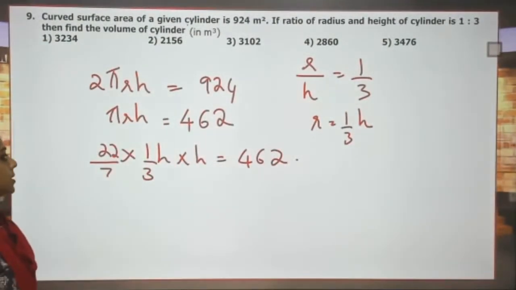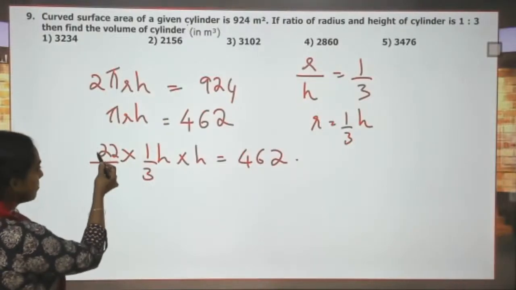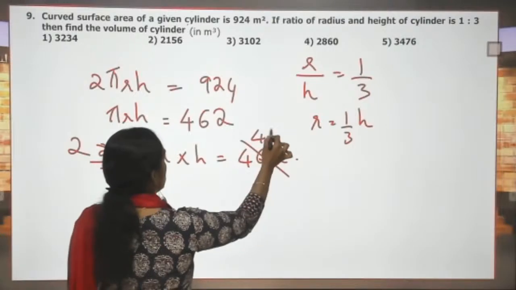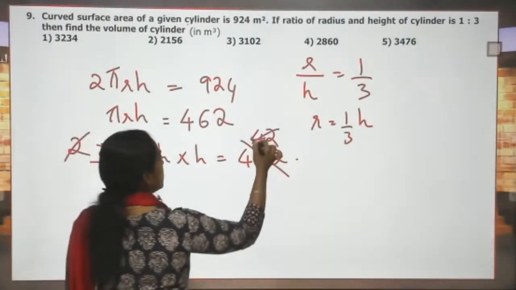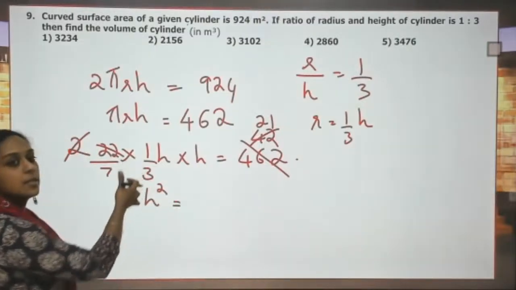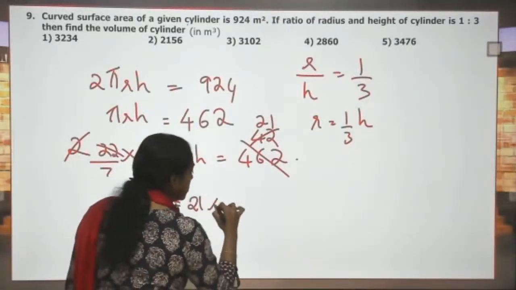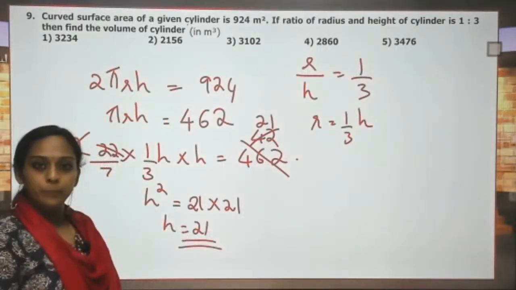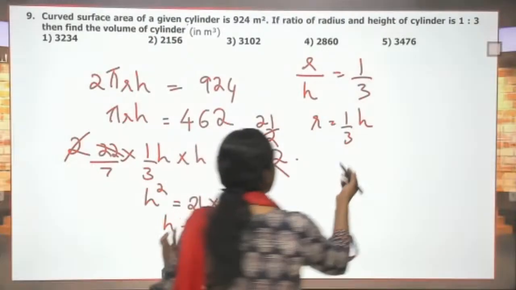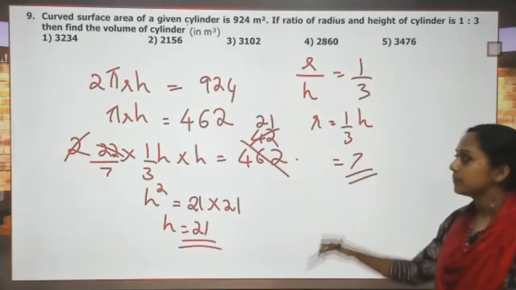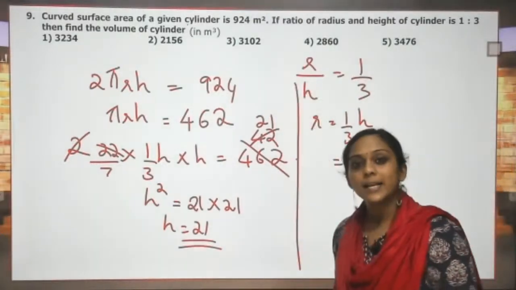Next I am simplifying, taking this with 11, so this is 2 and this is actually 42. Again with 2, this will be 21. So, here you will get h square is equal to 21 into 21, or you can write h is 21. So, what is radius? 1/3 h means that is 7. So you will get radius as 7.